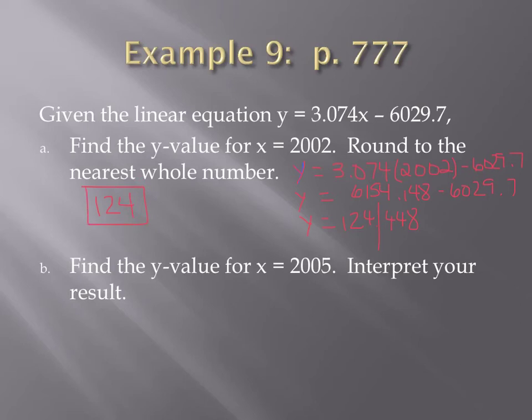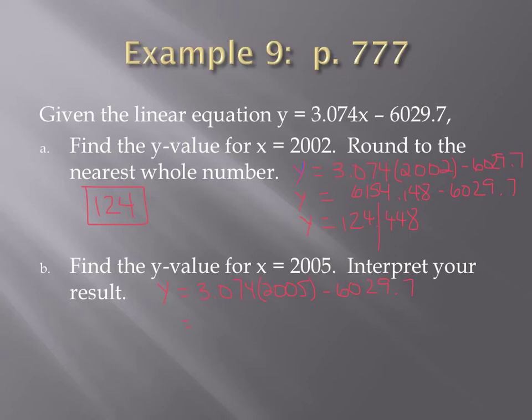Then B says find the y value for x equals 2005 and interpret your results. So again, we'll plug in a formula. y equals 3.074 this time times 2005 minus 6029.7.